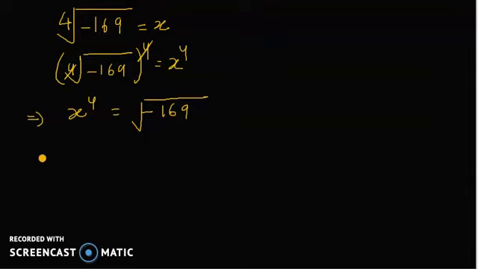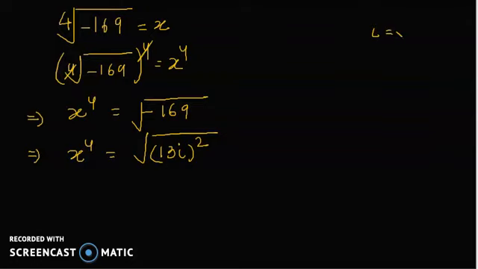Then in the next step we can write x raised to power 4 is 13i whole square under root. We know i is equal to under root minus 1, and i squared is minus 1.